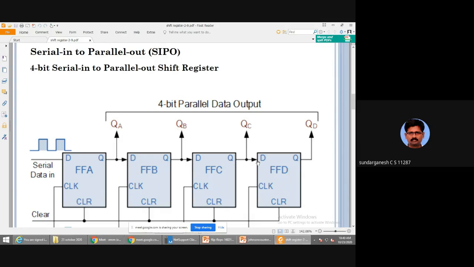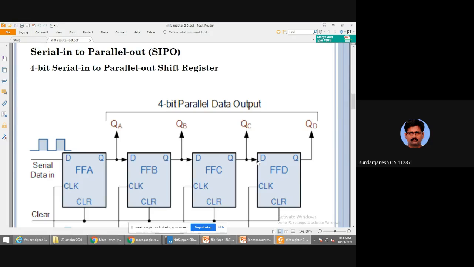At the next clock pulse, QB will go to QC, QA will go to QB, and the third input will arrive at QA. Next clock pulse, QC will go to QD, QB will go to QC, QA will go to QB, and the fourth input will be available at QA. So after 4 clock pulses, I get all the outputs.